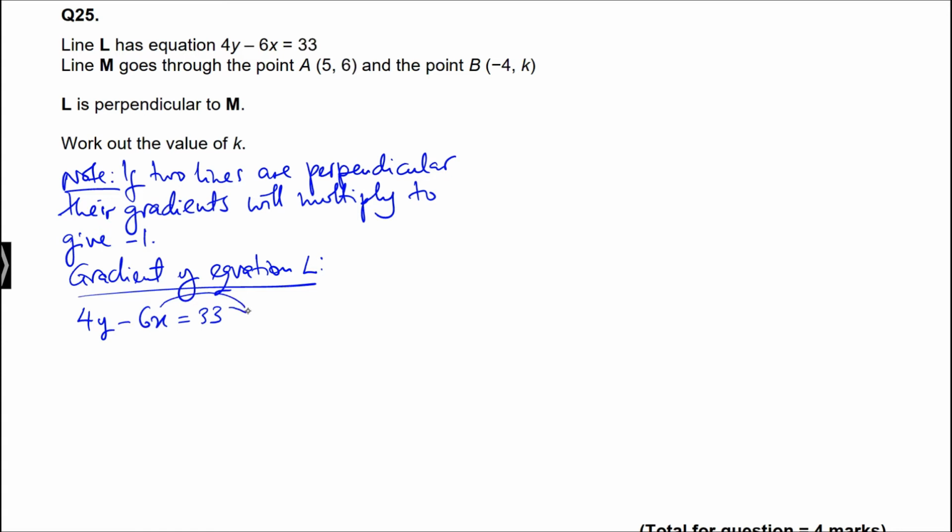Move that to the right hand side, so you'll have 4y is equal to 6x plus 33, and then you divide by 4. So y will be equal to 6 over 4, which is the same as 3 over 2, so 3 over 2x plus 33 over 4.